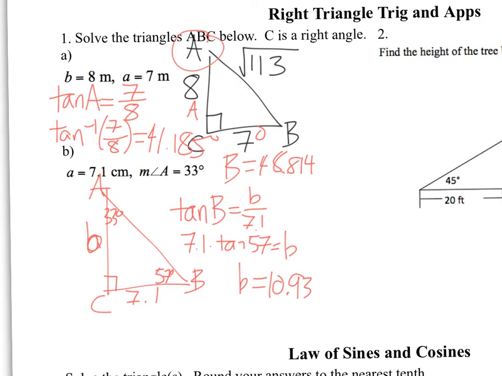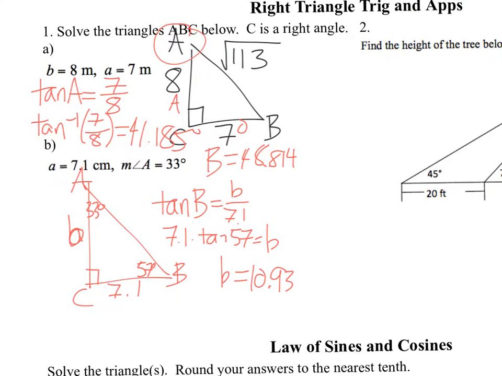Because when I take the square root of that, it's the square root of 169.9, and we get that C is equal to 13.036. And those are both right triangles.